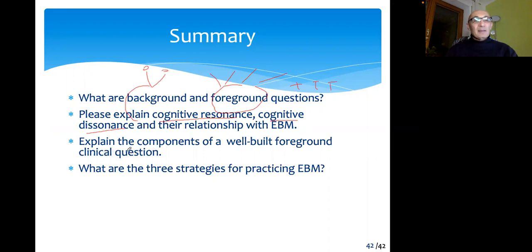And the components of a well-built foreground clinical question, these four components, and the three strategies for practicing EBM. If you can master these four objectives, then you can declare yourself successful regarding today's session.